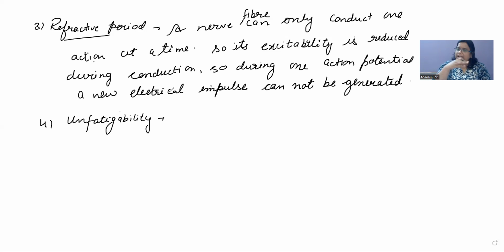It means if a neuron is carrying a stimulus, that work is complete, and suddenly another stimulus comes, the neuron will surely entertain that stimulus and will conduct that nerve impulse. A neuron will not say, "Just now I have finished my work, I will not entertain." A neuron will not say that.